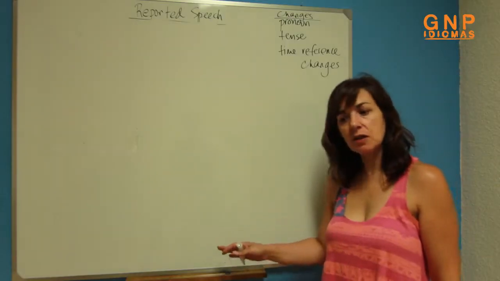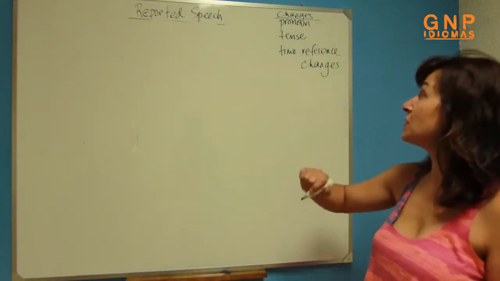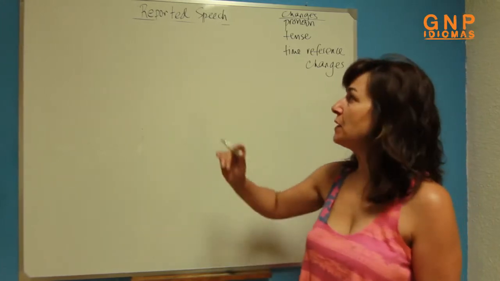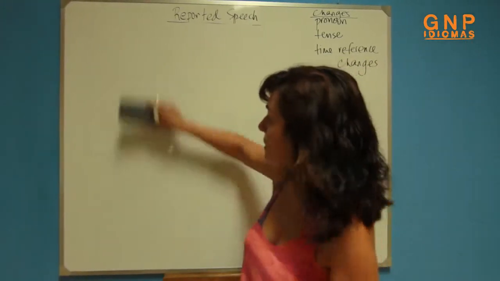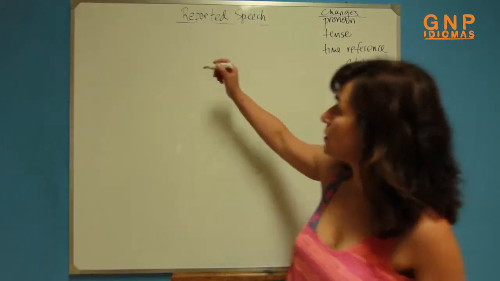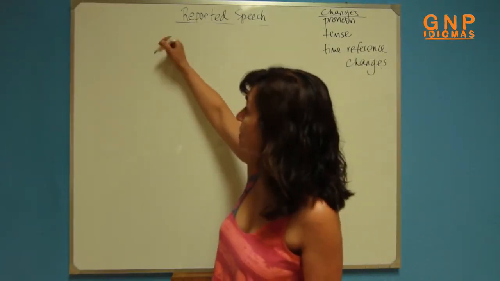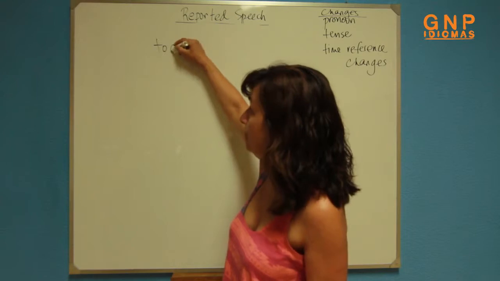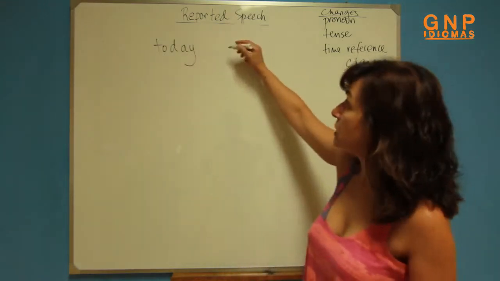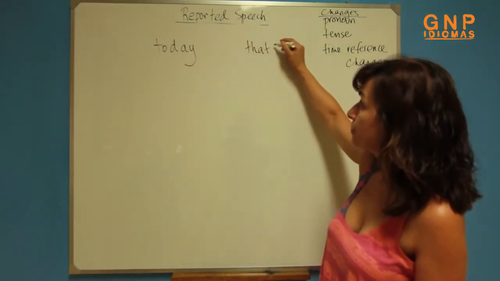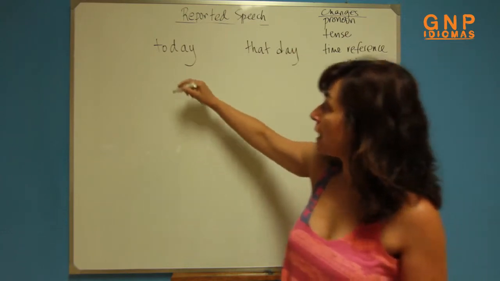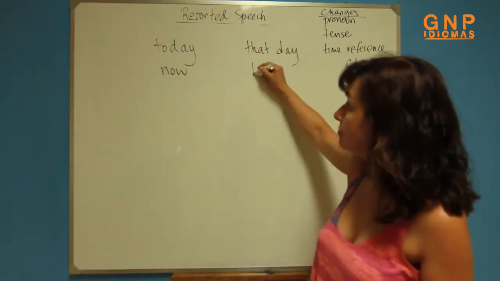Okay? So the last thing we saw were the verb changes, and now let's talk about the time reference changes, all right? Now that the board is wiped. Let's say that in the original sentence I have today, then in reported speech that goes to that day. Okay? Now goes to then.